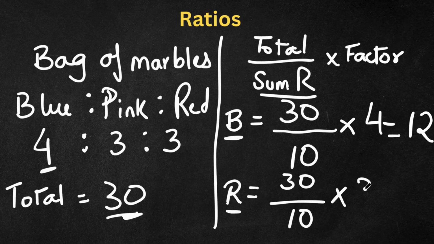Red marbles factor is 3. When you calculate it, you should get 9 marbles. Right? Easy. And now try to calculate the pink marbles, and the answer should be, pause the video and do it if you know it, 9 as well. Try it. Let's move on to another example.